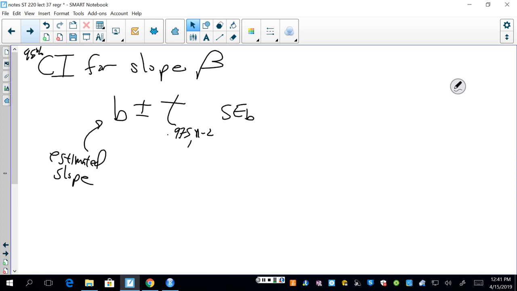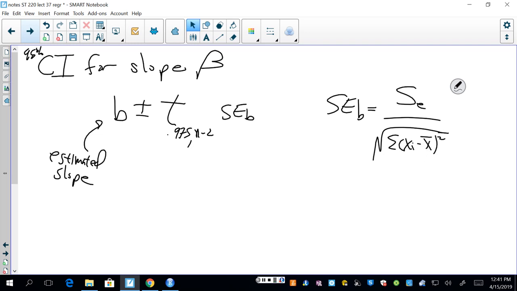The formula for the standard error is going to be an s calculated on the residuals divided by the square root of something related to the spread of the x's. This s is an estimate of that variance of the residuals, sigma squared.